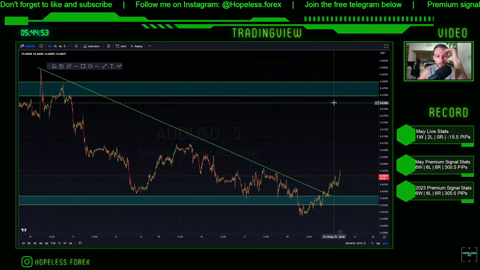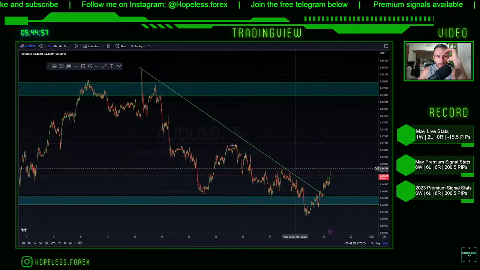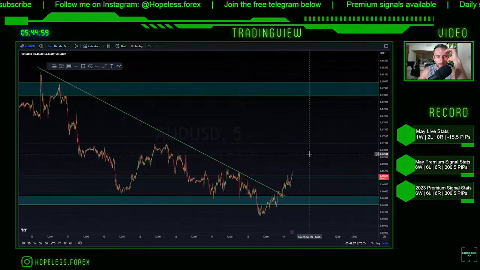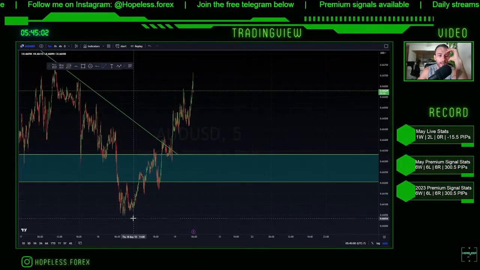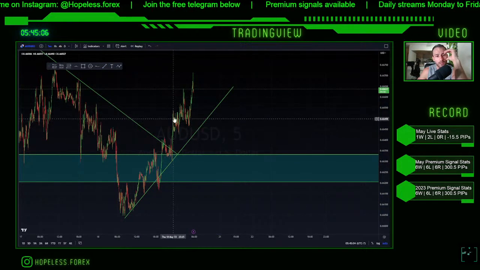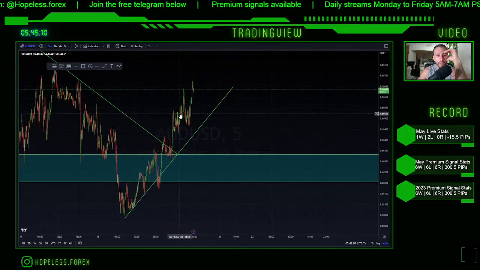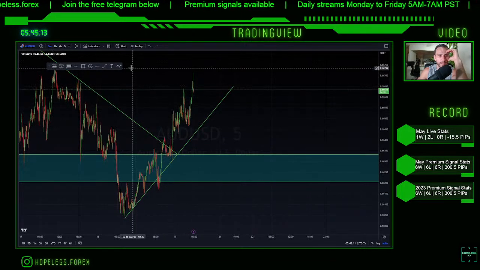Now about going on to AUDUSD. Again, he's sort of broken out of this longer time frame trend line, has this trend line for support. I'm a little late to the party. A lot of this has happened during the London session.